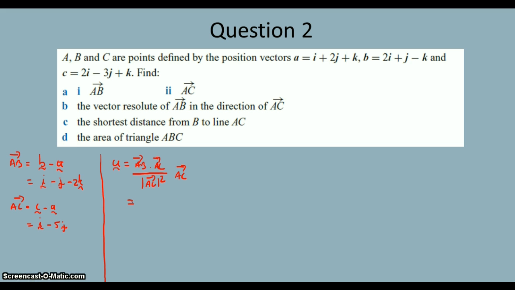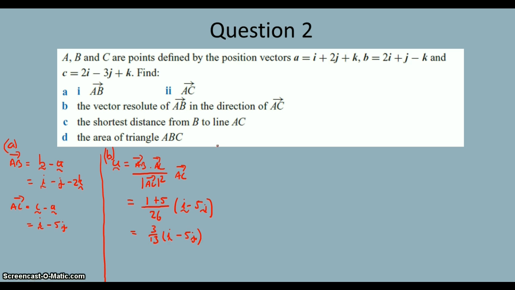So using our dot product, we get 1 times 1, which is 1, negative 5 times negative 1, which is positive 5, and 0 for the k components, and the magnitude squared is 25 plus 1, this is 26, and vector AC is i minus 5j. Simplifying that is 3 on 13, i minus 5j.